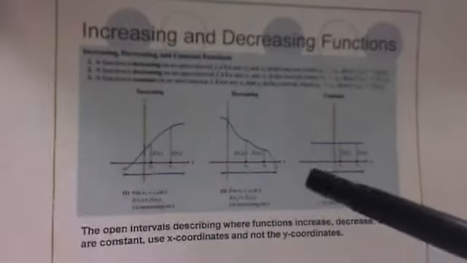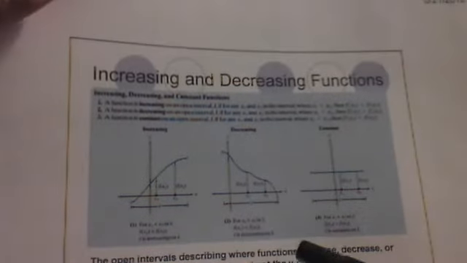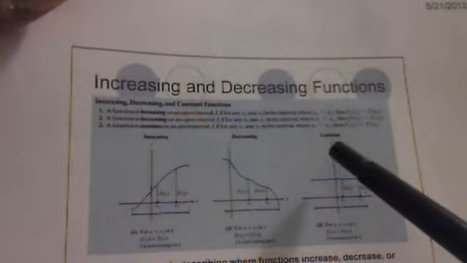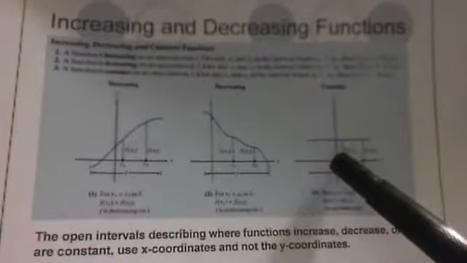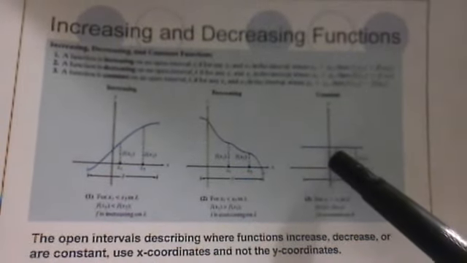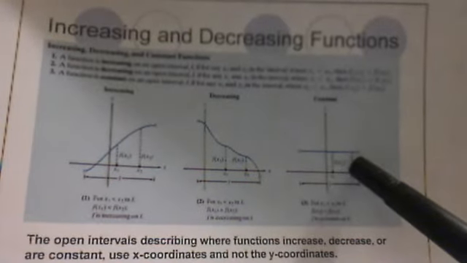And also, a function is constant on an open interval I, if for any x1 and x2 in the interval where x1 is less than x2, f of x1 equals f of x2. Here, you've got x1, and then f of x1, and then x2, and then f of x2.